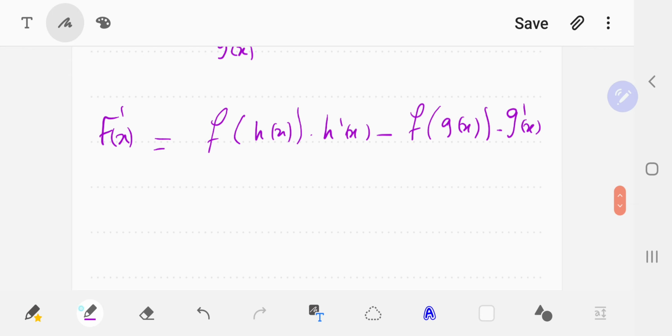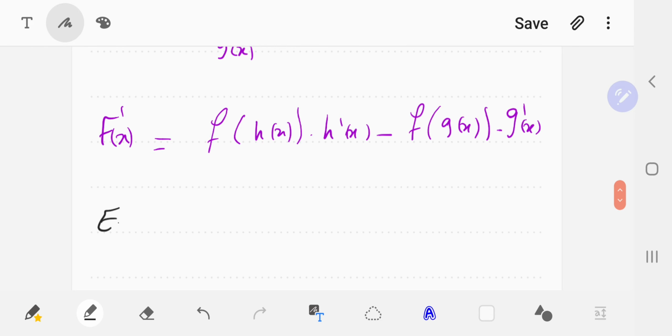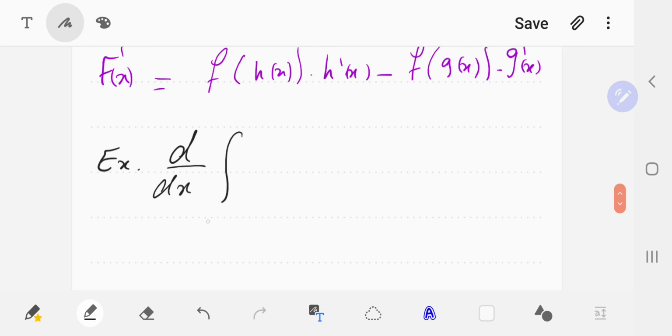So, for example, if I said find the derivative of integration of 2x to x cubed of t to the power of 5 dt.